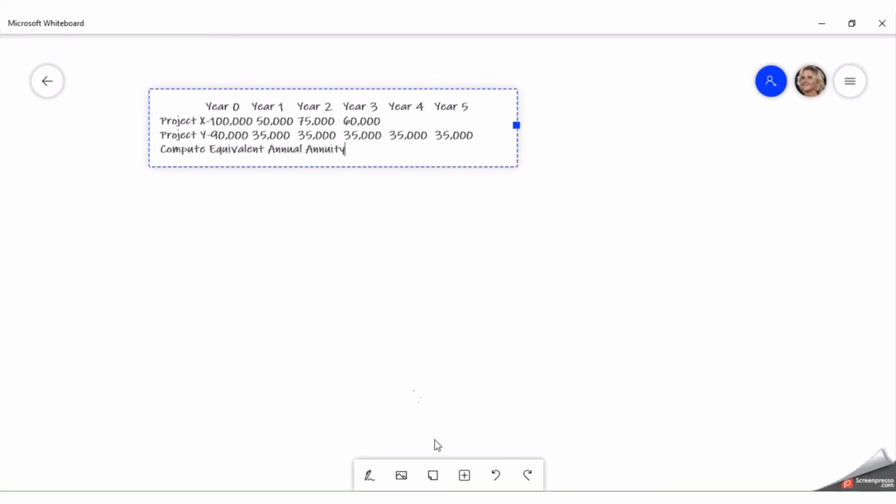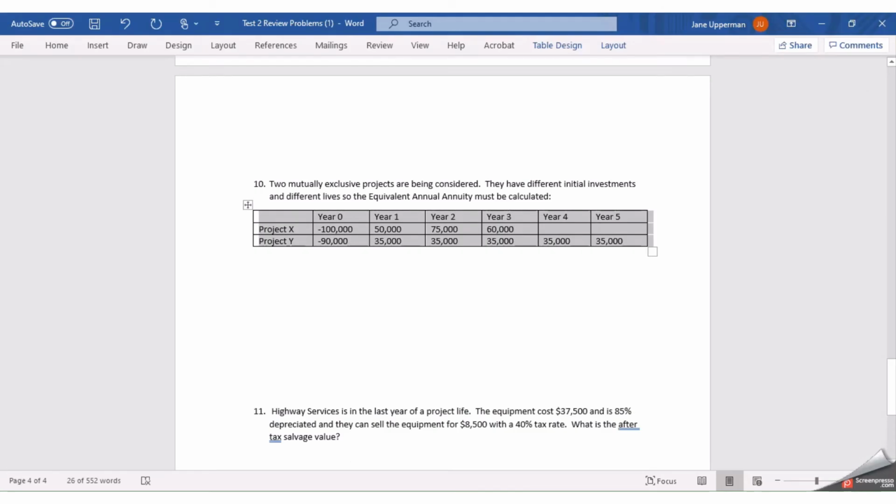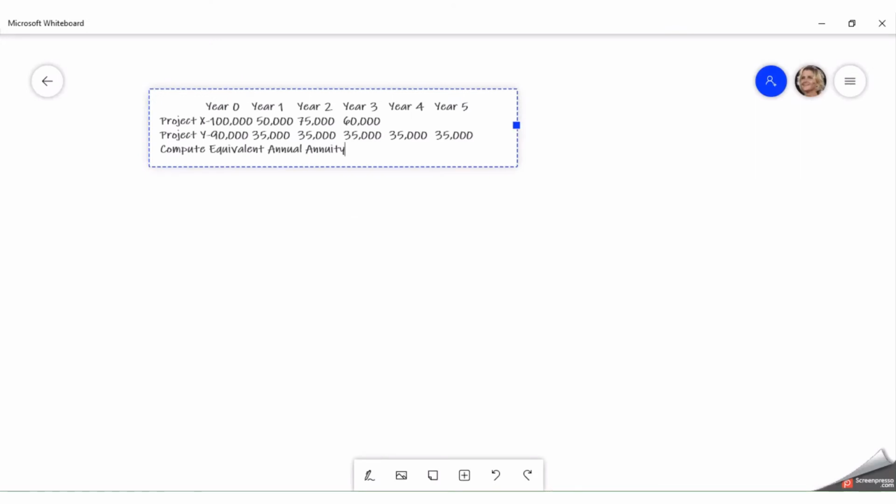And then let me go back over real quick. And again, I think that I'm going to need to have my cost of capital. So come back over here.